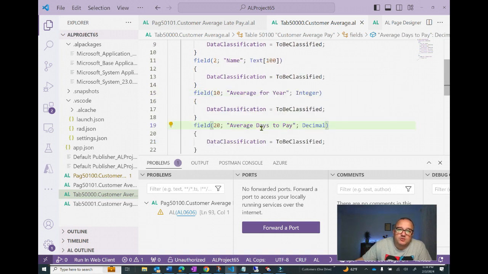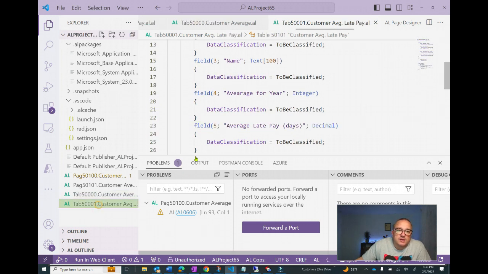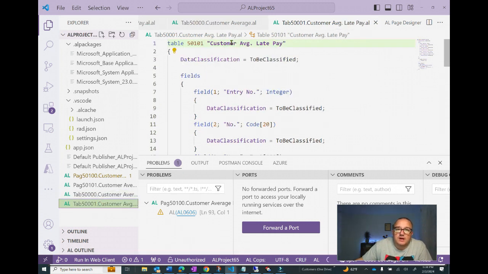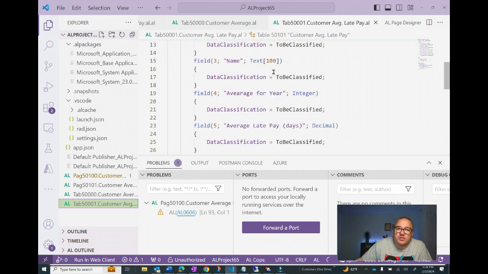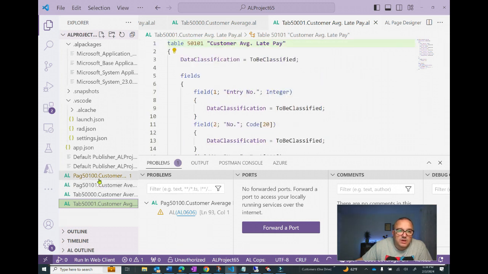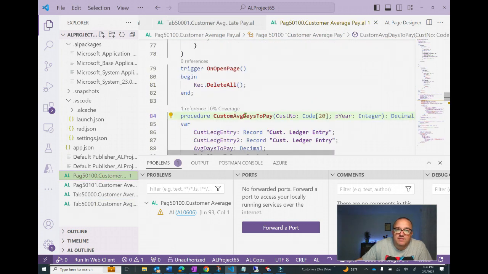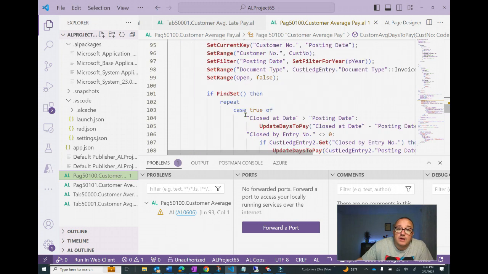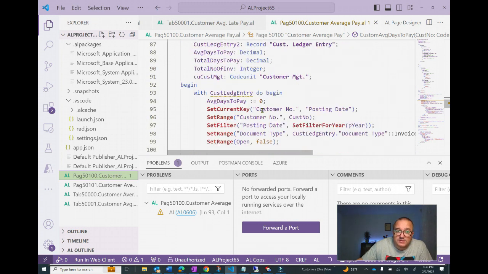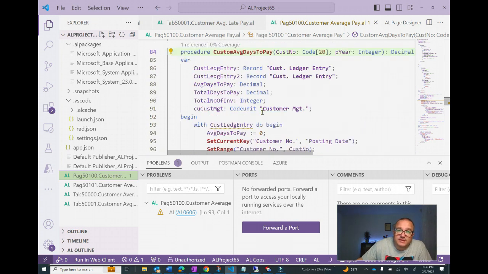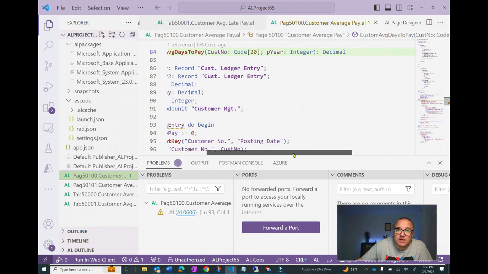You saw the page is the same, exposing all these four fields. The other table is customer average late pay, which has a similar schema, and for customer average days to pay, it's basically very similar to what the base application does.